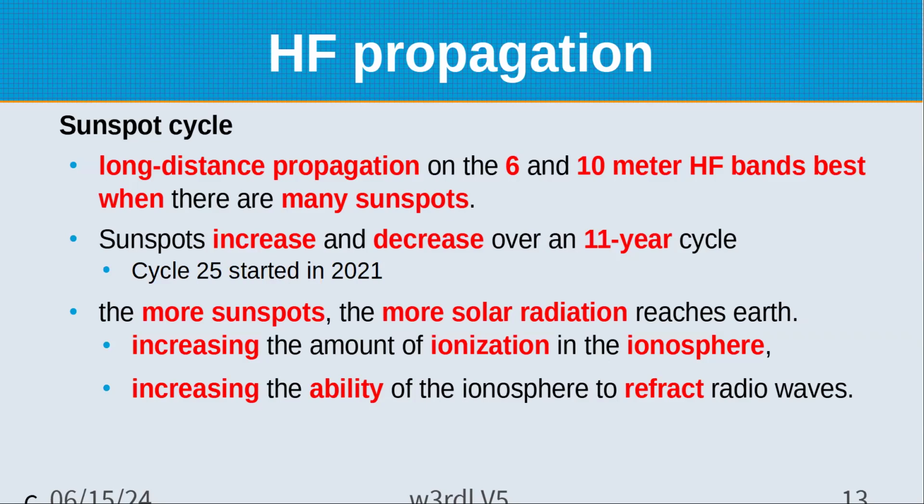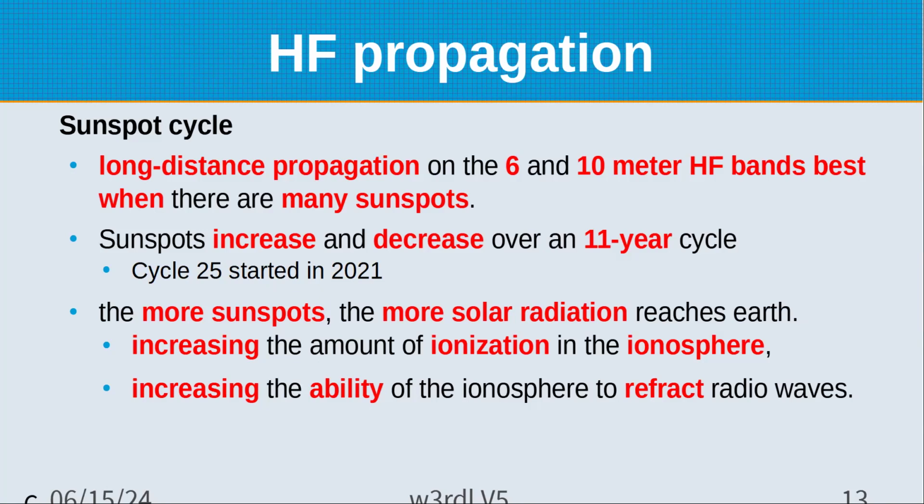And like we just mentioned, seems to be an 11-year cycle. We're in cycle 25 since they started. I mean, it's been going on since before the Earth was created, but yep. Since they started counting, we're in cycle 25, which started sometime in 2021.